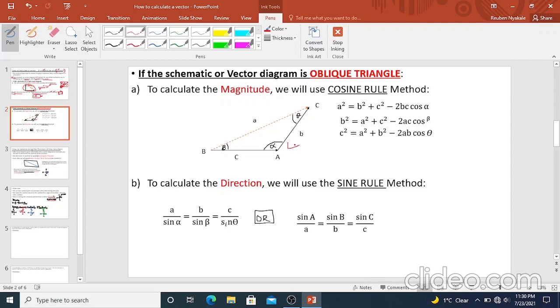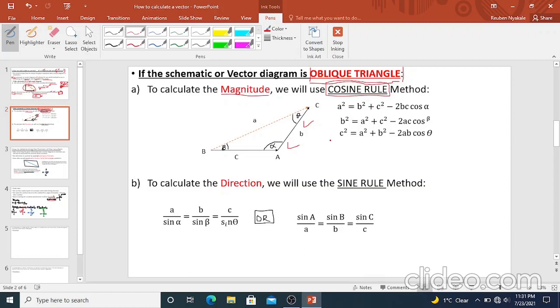After you have converted the given statement into a vector diagram or schematic, you land yourself with this diagram. It is called an oblique triangle, or another word for it, obtuse. Now you will use the cosine rule to determine the magnitude of the vector.